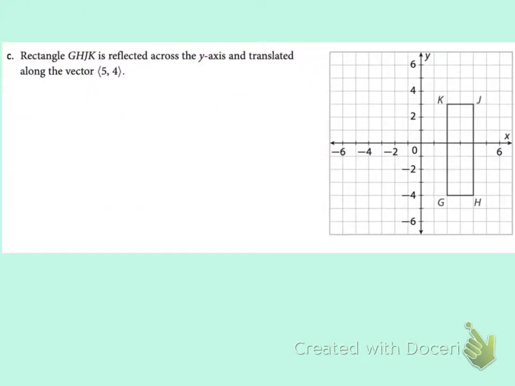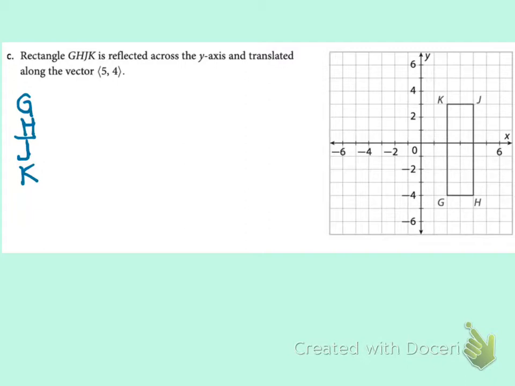So we're going to make this one a you-try question. So you just want to go ahead and identify G, H, J, and K, and then you're going to reflect across the y-axis and translate along the vector 5, 4.